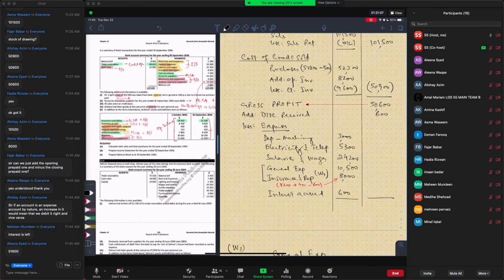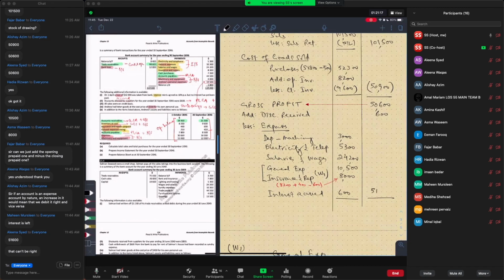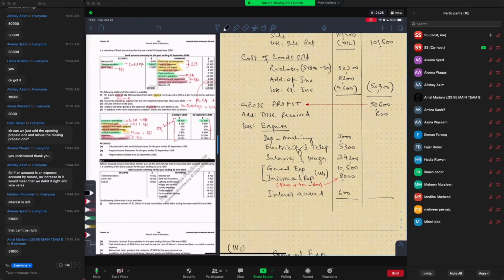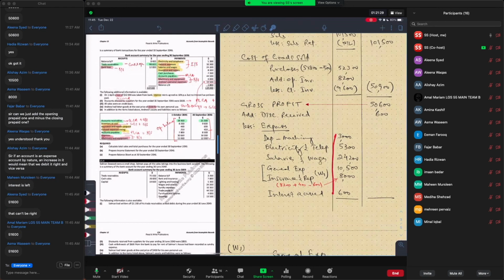51,600. नहीं, 51,600 क्या चीज आ रही है? Alina, are you sure? That can't be right because yes, true, 51,600 तो ये है. This is only just 8,000, 10,000, 24, 32.